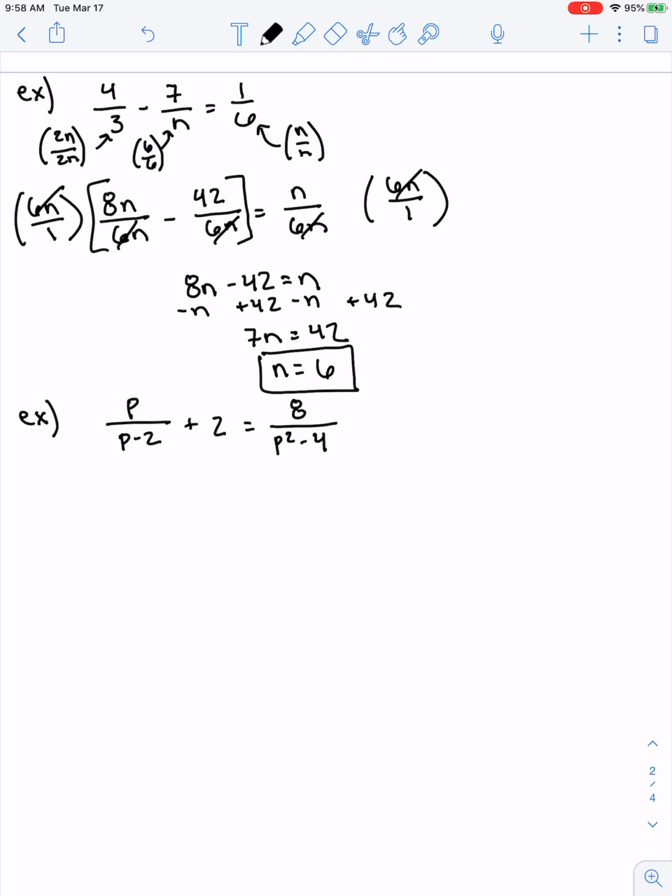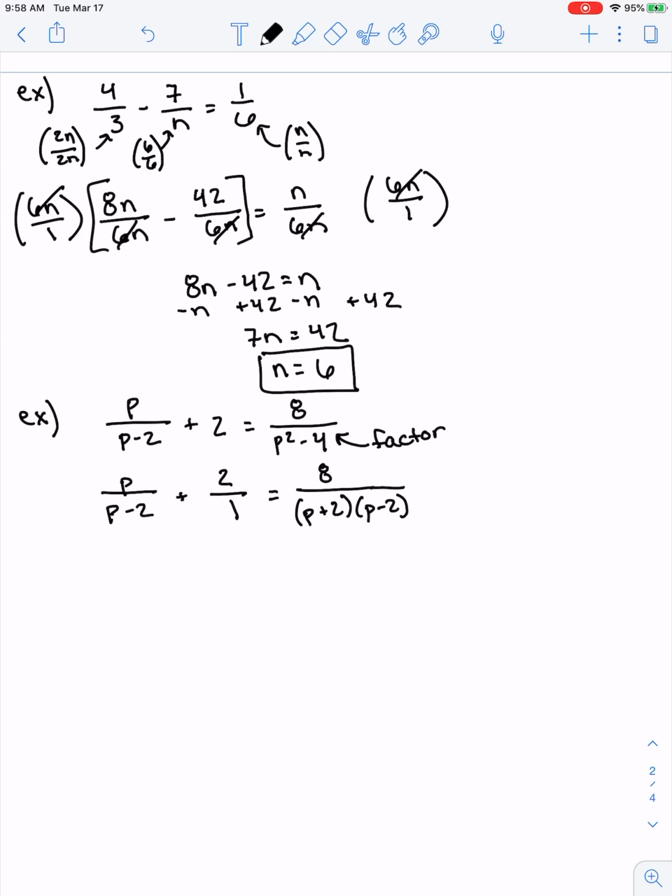For this one, what's helpful is to factor and simplify anything that you can to see what is missing from the rest of the denominators. If you factor that, you'll end up with p over (p minus 2) plus 2 over 1, and then you get 8 over, this is a difference of perfect squares problem, so you get (p plus 2)(p minus 2).